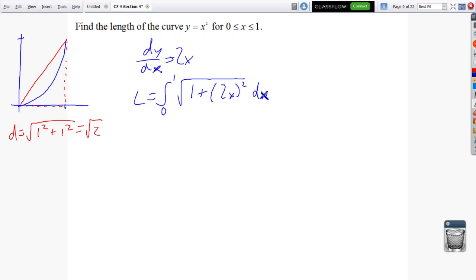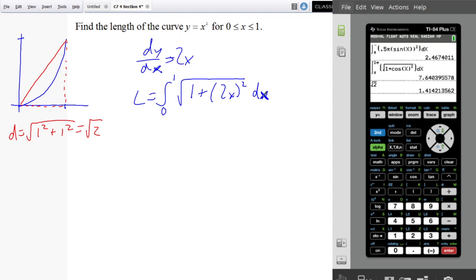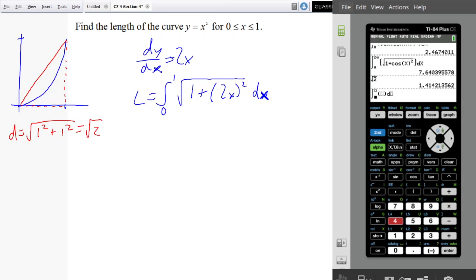Now on the AP test, you wouldn't be required to give a numerical answer, but here we want to give an answer. So on the calculator, the integral from 0 to 1 of the square root of 1 plus (2x) squared dx.